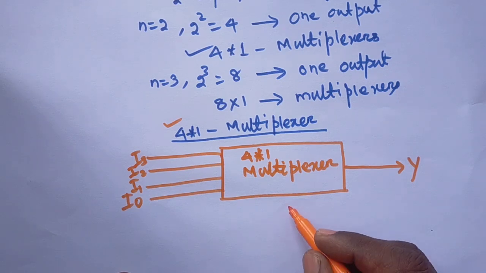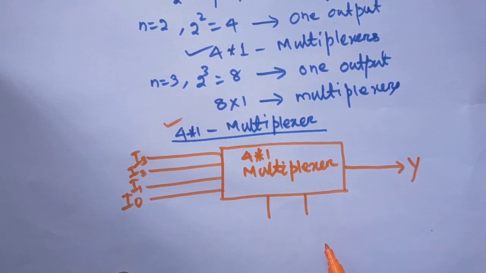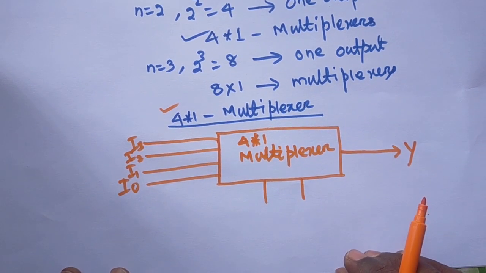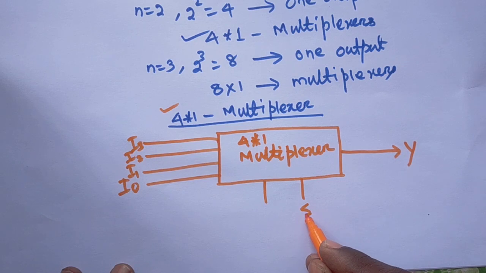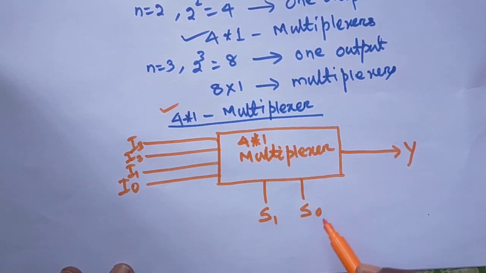The 2 selectors we will consider here, S0 and S1.